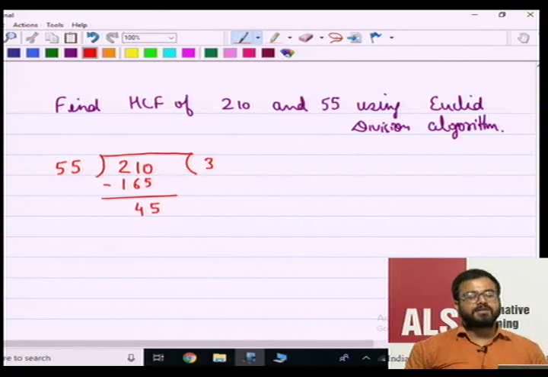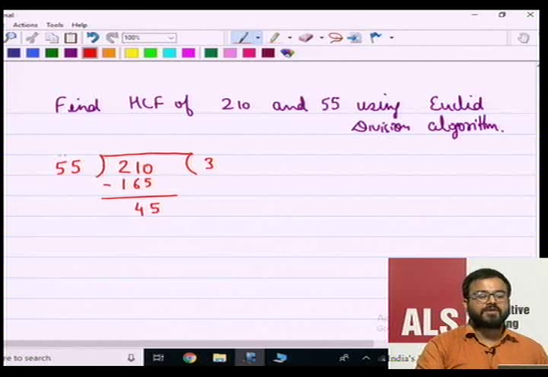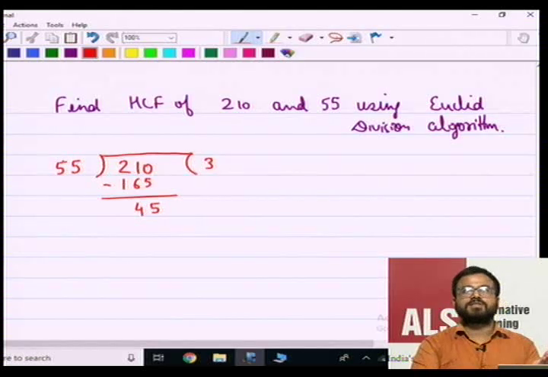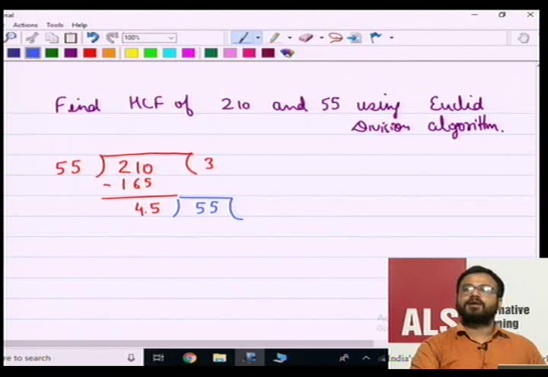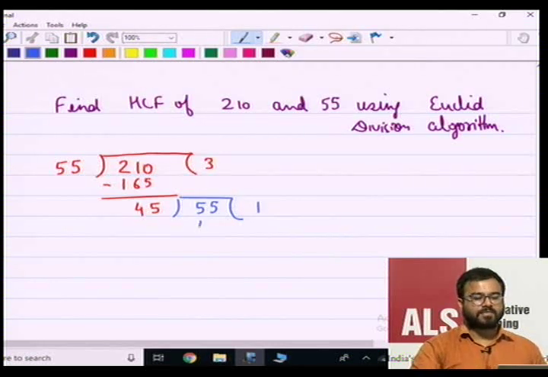If the remainder is not 0, then in the next step the 55, which was the divisor in the previous step, will become the dividend, and we divide again by 45. It goes 45 one time, and the remainder is 10.